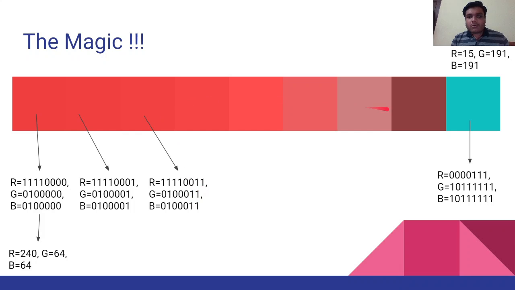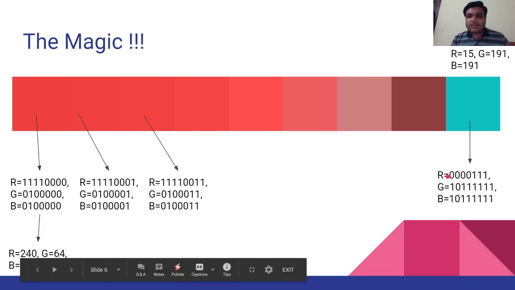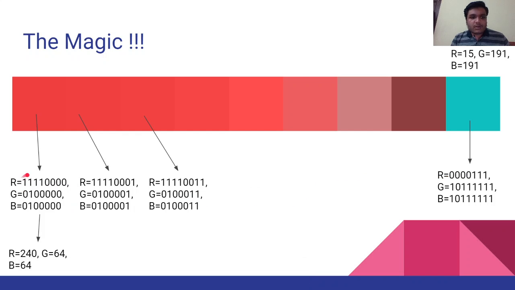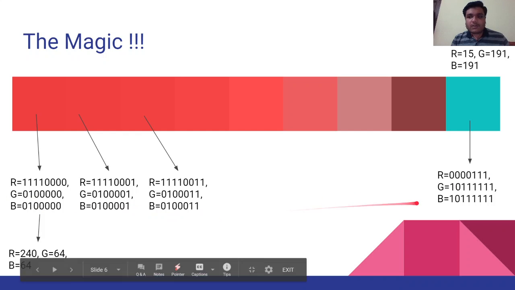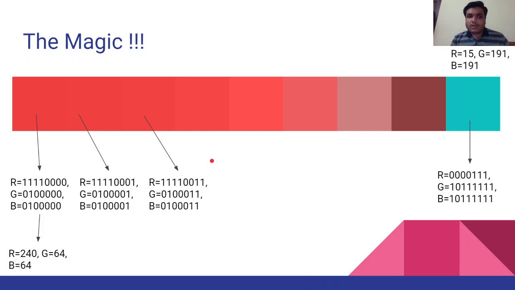Going on like this, when we come to the last square, we have flipped all the bits. So you can see that the R value, which was four 1s and five 0s over here, has now completely flipped. The green value is also completely flipped, and the blue value is also completely flipped.